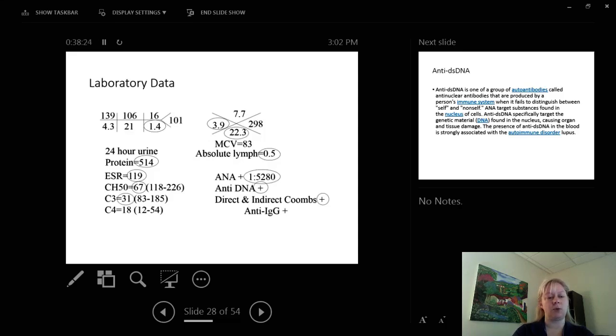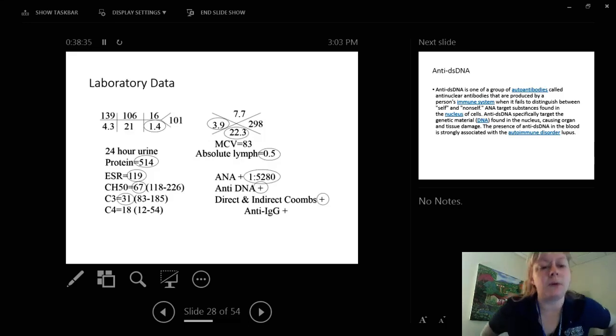So basically, if you have a decrease in the complement, that means you have a break in the complement chain. You have complements 1 through 9. Now, this CH50 is more of a panel, so it's looking at the whole panel. And as you can see, the panel is low, and so your body's not fighting off infection.